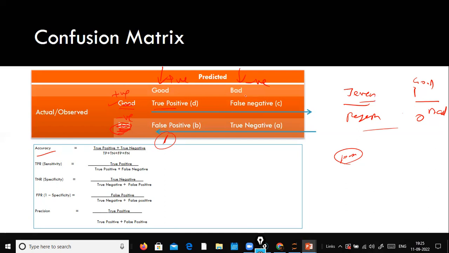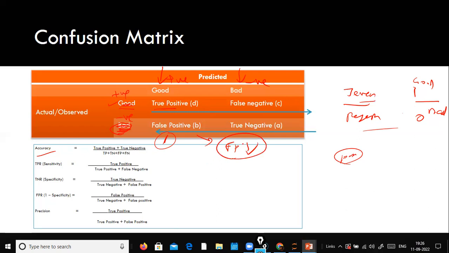And if a person is actually good, but my model wrongly predicted bad, then you are not going to approve the loan, fine, but at least you're not losing anything. But if you give the loan to a wrong person, you are gone. So in the case of bank, your false positive (FP) should be very, very less.